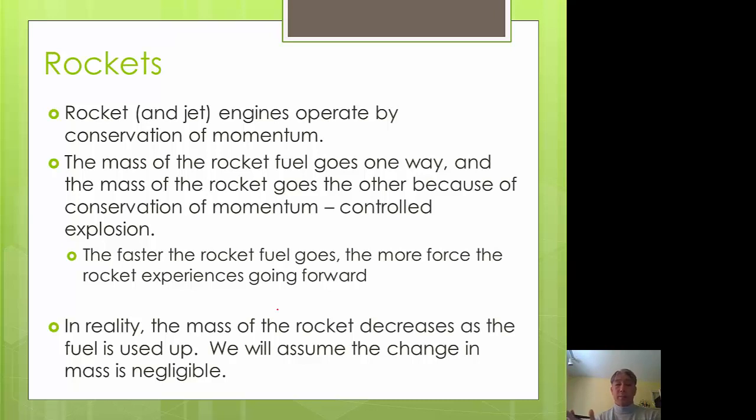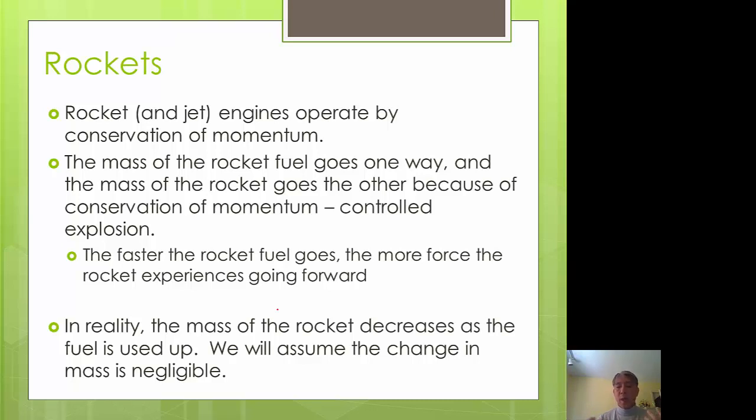So with those two formulas, if I know how much mass and what the velocity of that rocket fuel is, I can then calculate how much force, or what the change in momentum of my rocket happens to be.